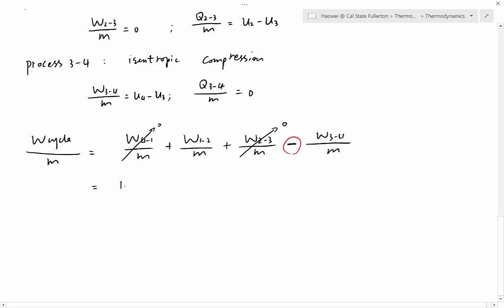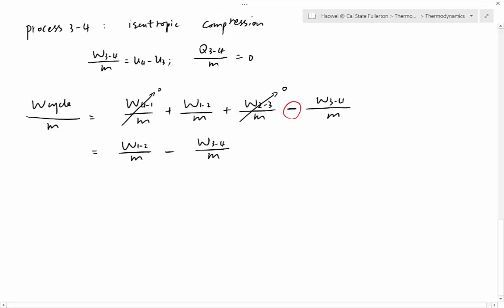W cycle per unit mass is W12 per unit mass minus W34 per unit mass. For 1-2, that is u1 minus u2, and for 3-4 it is u4 minus u3. We derived those earlier.